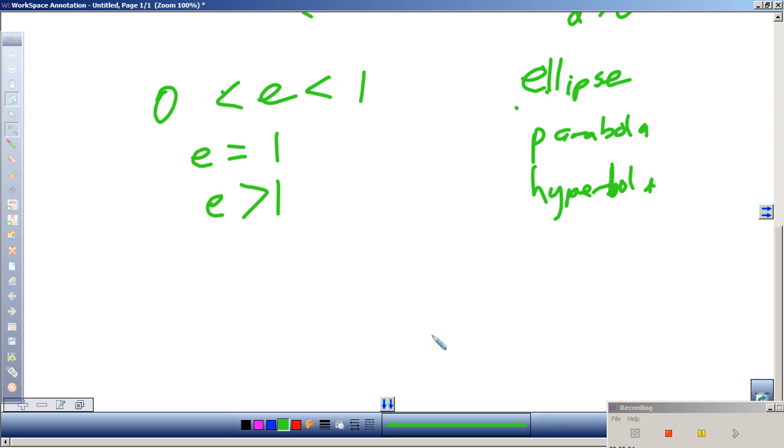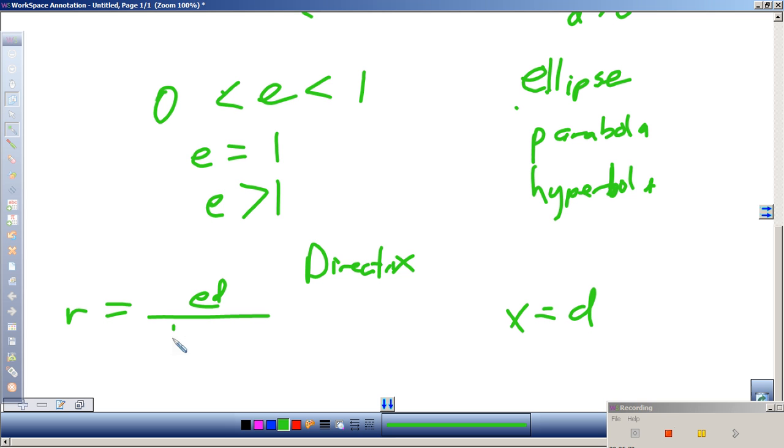Now, let's see. Remember we had a directrix for a parabola. To get your directrix, we're going to have x equals d if we have this form, r equals ed over 1 plus e cosine theta.